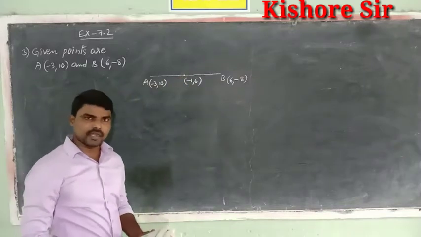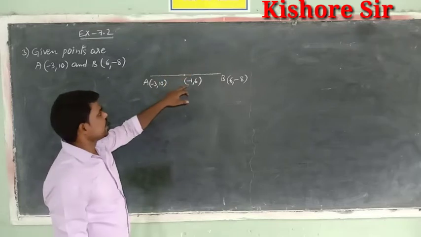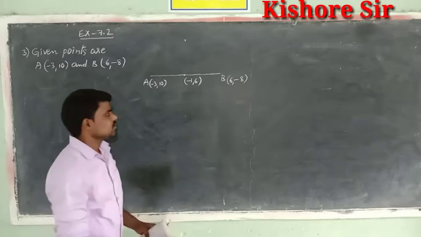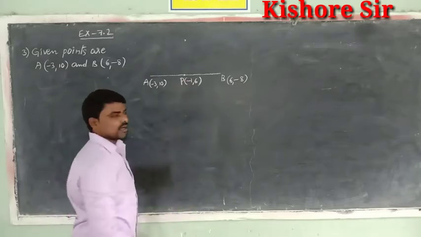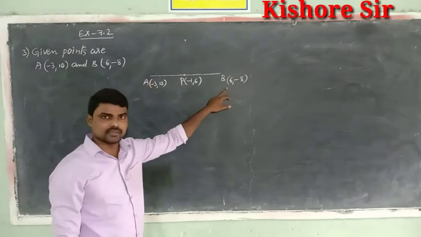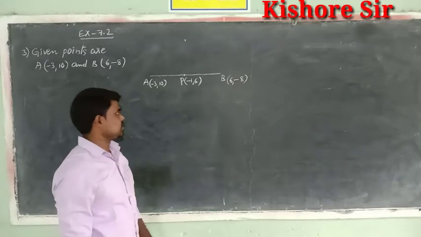We have to find the ratio in which (-1, 6) divides AB. So take this point as P. So P divides the line segment AB. In what ratio? We have to find that ratio.